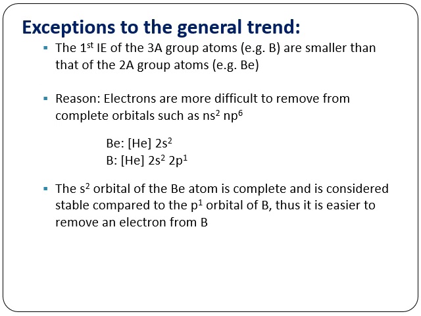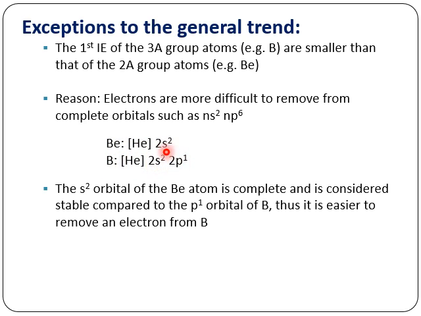So the first ionization energy of group 3A, for example boron, is smaller than group 2A, for example beryllium. The reason is that electrons are more difficult to remove from complete orbitals such as ns2 and np6. Look at the electron configurations: for beryllium, we have helium 2s2; for boron, helium 2s2 2p1.